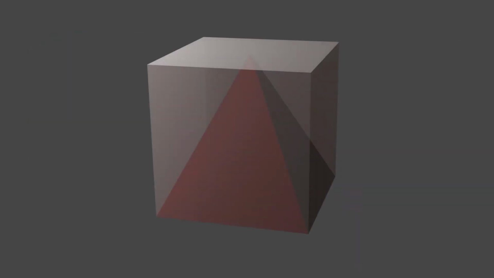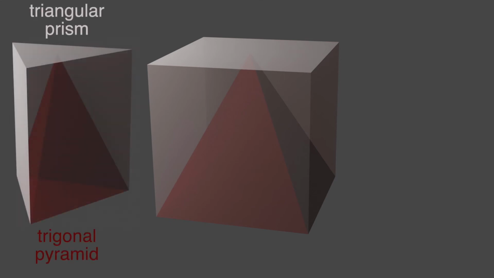Okay, hopefully now you'll never forget that a pyramid inscribed in a cube comprises 1/3 of that cube. And that can help you remember the pyramid formula 1/3 base times height. But this formula will remain true for other kinds of pyramids too, which can be made from bases that are different polygons.